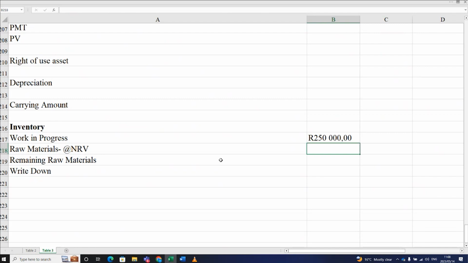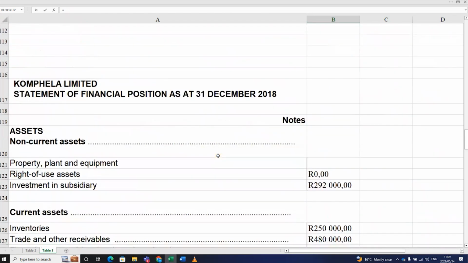Then the raw materials must be at NRV. So the remaining raw materials, we saw from the question, they said that 40% of them got damaged beyond sale, so they have zero value. So we need to get that value.